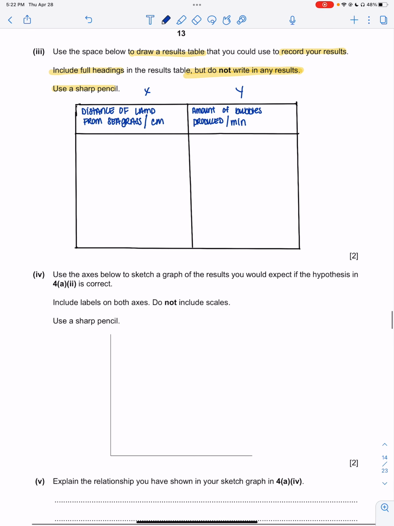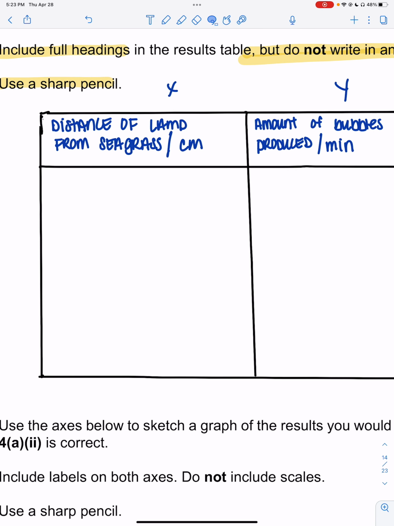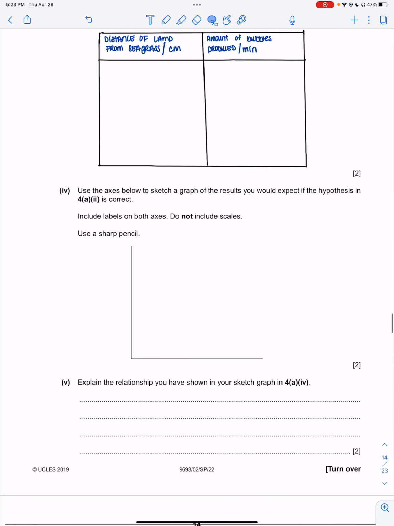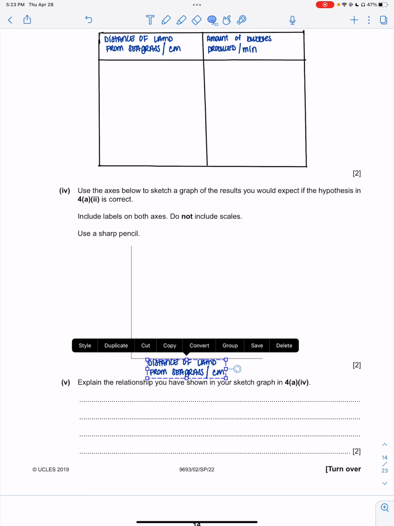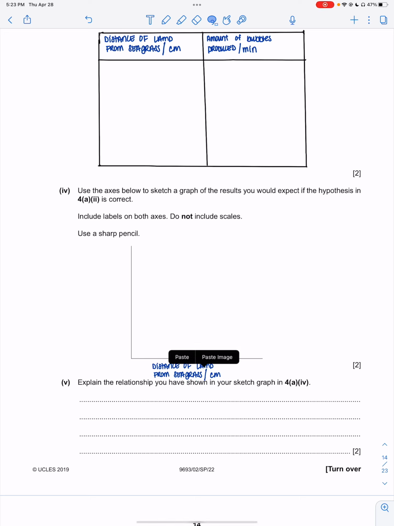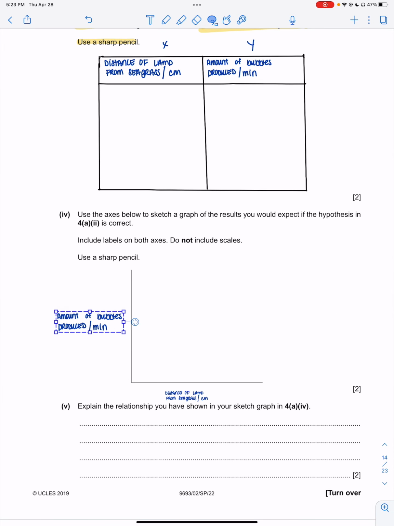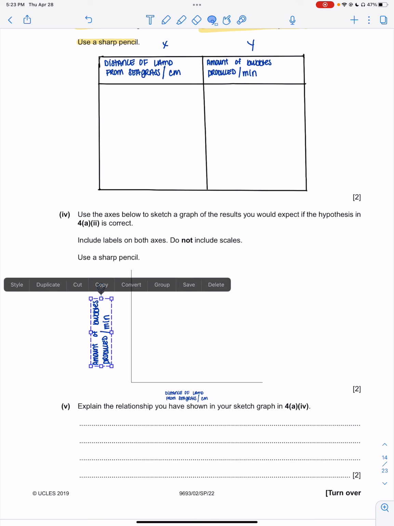Distance of lamp from seagrass. All right. And it says you're assuming that it's going to be correct.